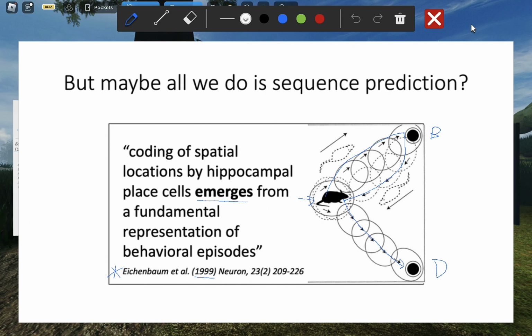But he said, in order to learn these sequences, or these ecologically relevant outcomes, for example, to get the reward, you just naturally learn sequences of actions, and those actions, for example, cause a representation of place.